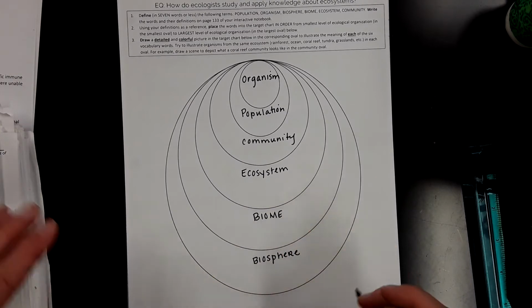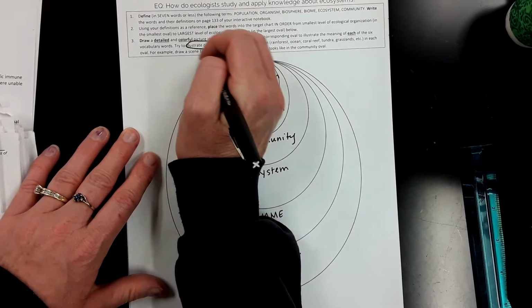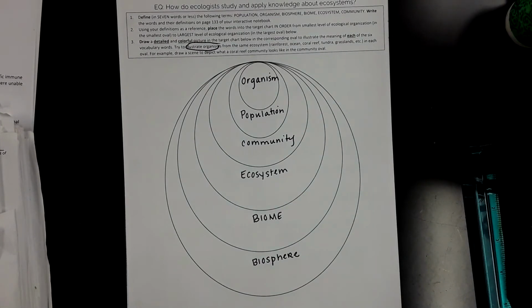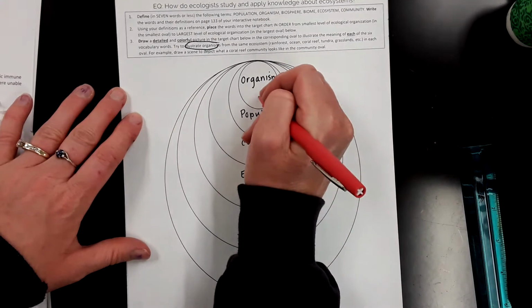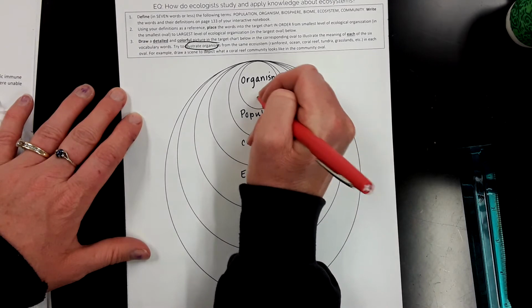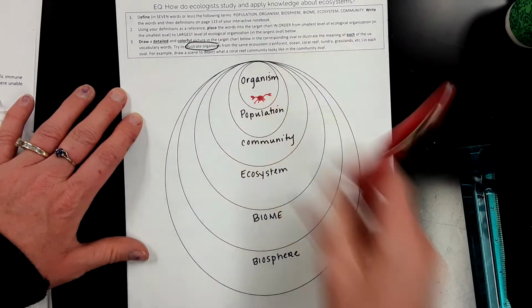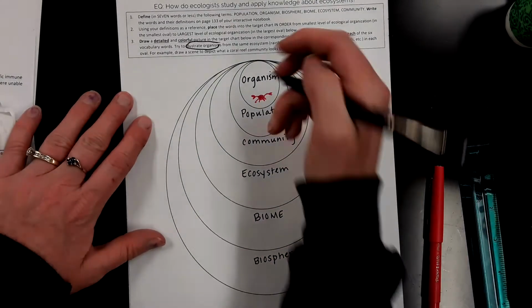So what you want to do is illustrate organisms from the smallest level to the biggest. And you can pick any type of ecosystem you want. For example, I'm just going to pick crabs today because I think crabs would be funny. But here is my one little crab. And one bit me on the beach the other day. So here is my one individual crab.